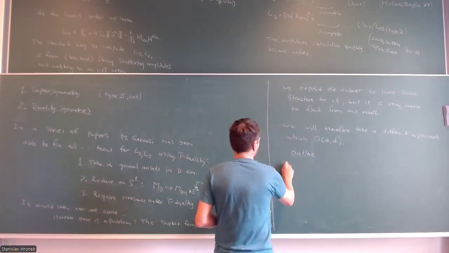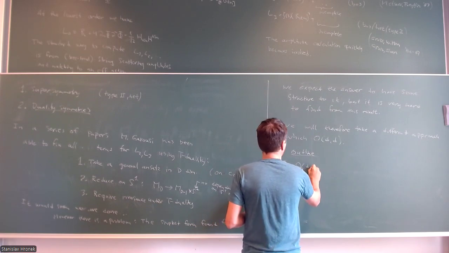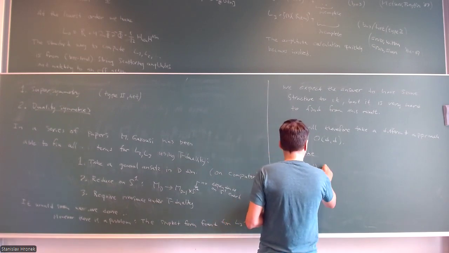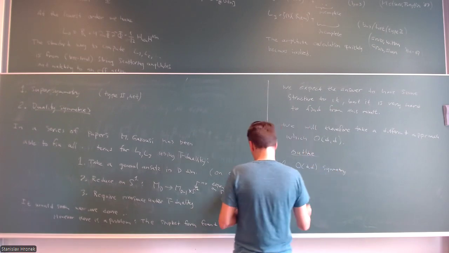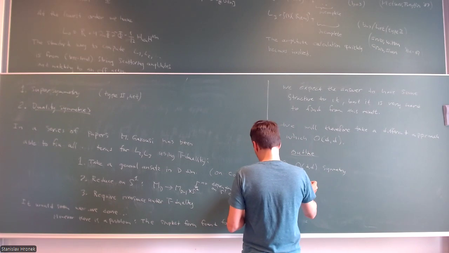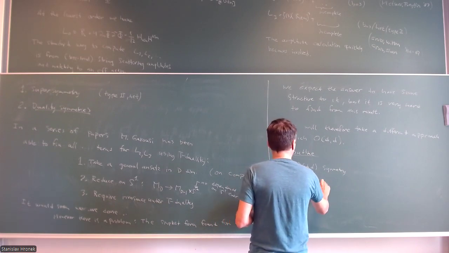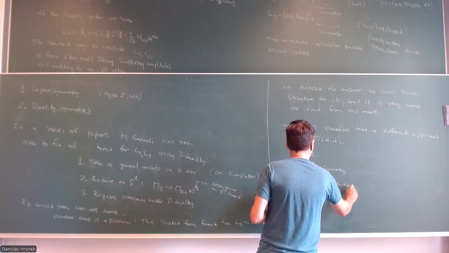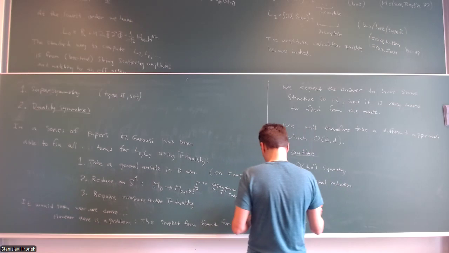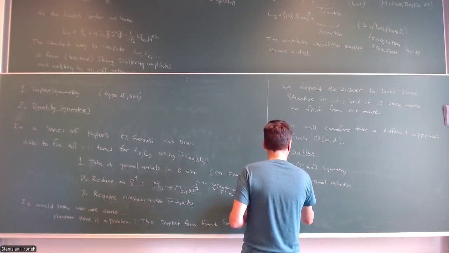The outline will be something like this. First, I will explain what this O(d,d) symmetry is. Then we'll see how it arises in dimensional reduction. And then we'll talk about the corrections.